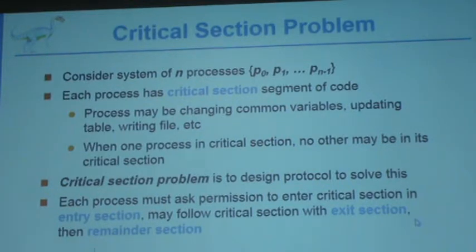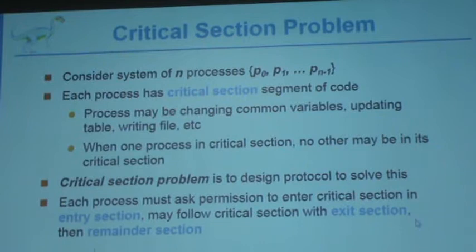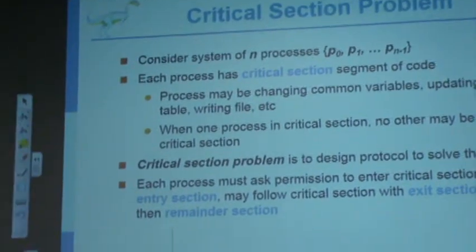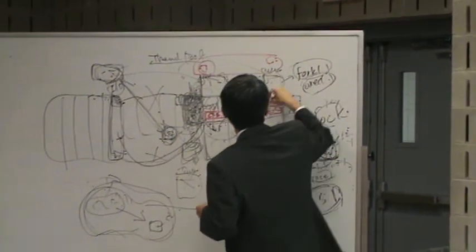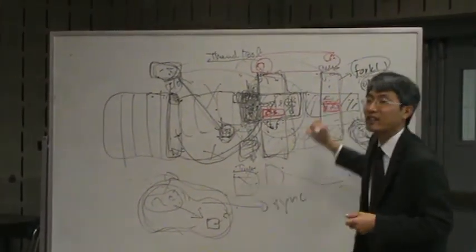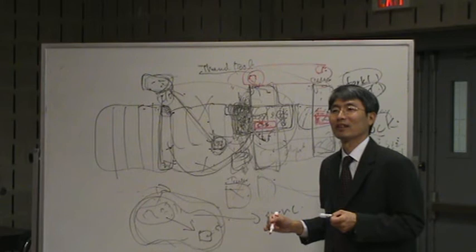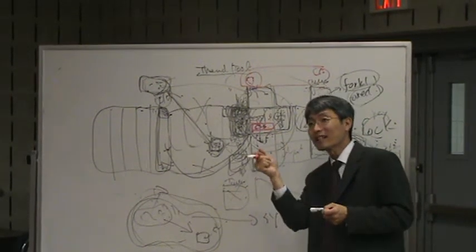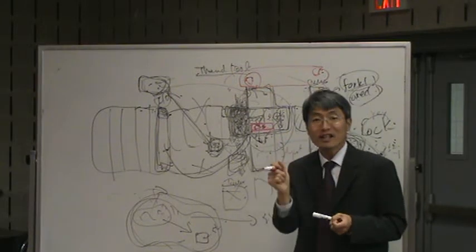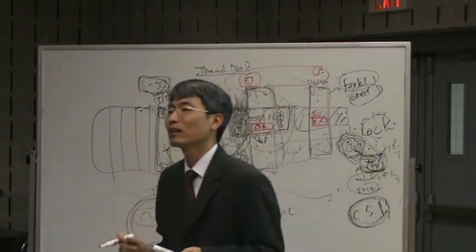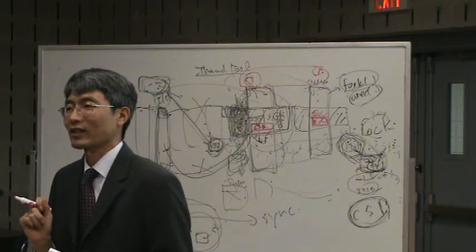Once one process is in the critical section, which means the producer got the key or permission to access the critical section, no other process can access the critical section because it's kind of a key. How many keys do you have? Only one key. But this key cannot be given by the operating system.